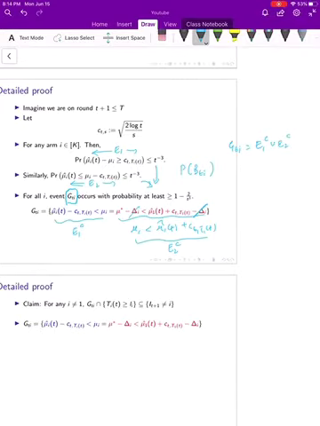Sorry, it's an intersection. So the probability of G_t,i complement is less than the probability of E1 plus the probability of E2 by the union bound, which we have already proven is less than 2 times t power minus 3. And so this proves this result.